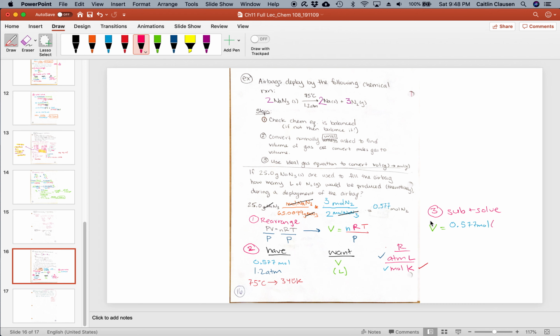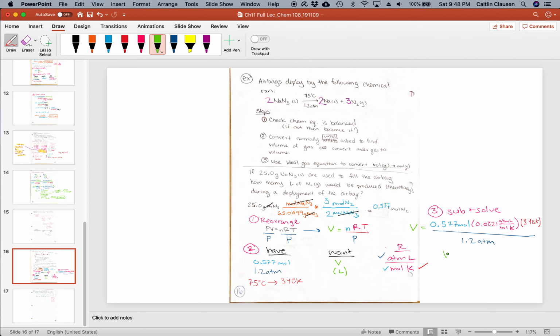My gas constant, 0.0821 atmosphere liters per mole Kelvin. Times temperature, which I calculated to be 348 Kelvin, and divide all of that by 1.2 atmosphere.